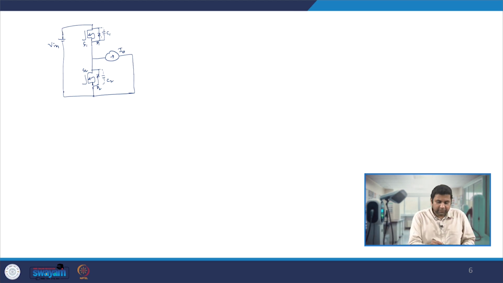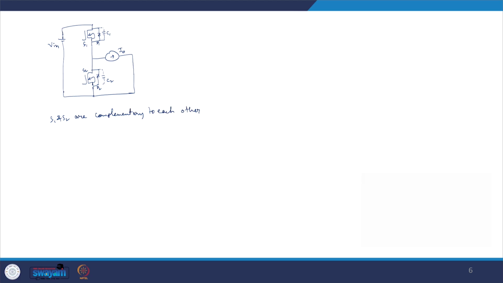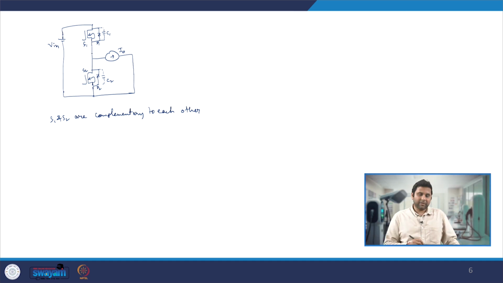Now, since this is a conventional half bridge, S1 and S2 are complementary to each other. That means when S1 is on, S2 is off, and when S2 is on, S1 is off. Both can be off, but both cannot be on simultaneously.